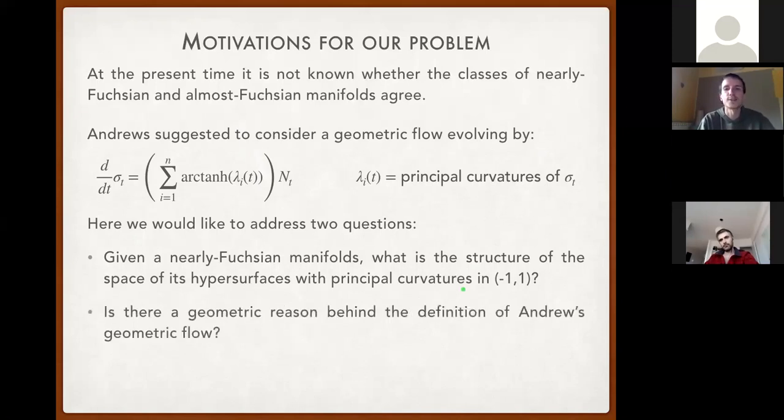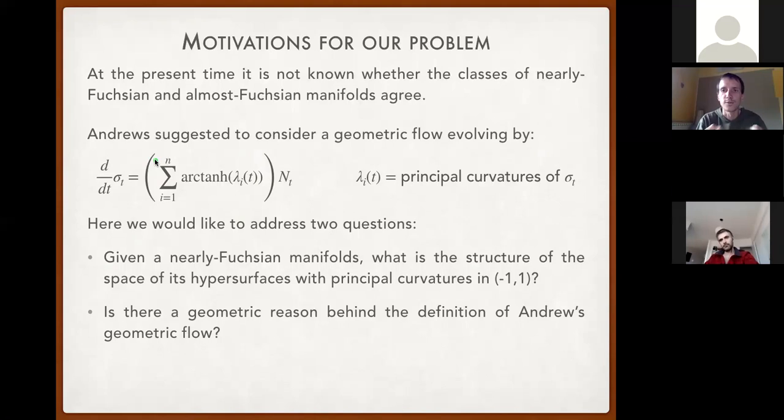And the second question is the one you're asking, right? Is there some geometric reason, some geometric motivation behind defining this flow in this way? I don't have a proof that these two classes coincide, but I understand something more about this flow. I understand that it satisfies a very good maximum principle.